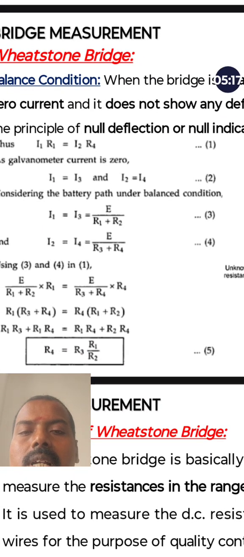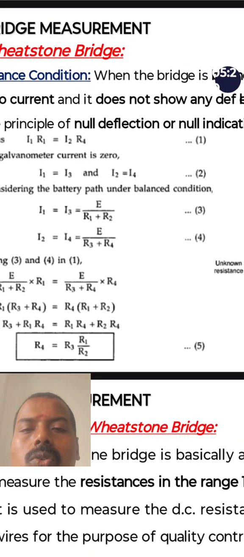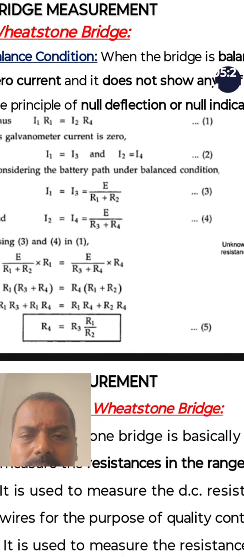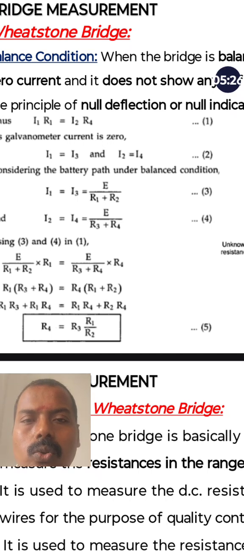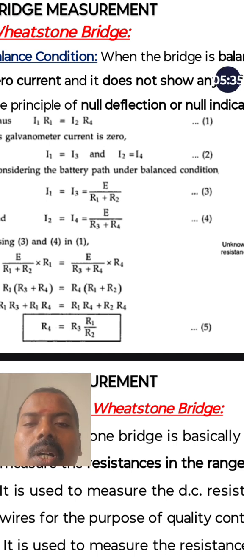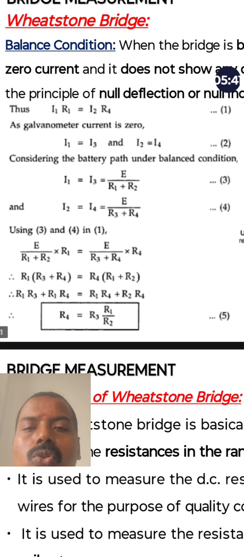For galvanometer current 0, I1 is equal to I3 and I2 is equal to I4, framed as equation number 2. Considering the battery path under balanced condition, I1 is equal to I3, which is E by R1 plus R2, equation number 3. Then I2 is equal to I4, which is E by R3 plus R4 according to Ohm's law.